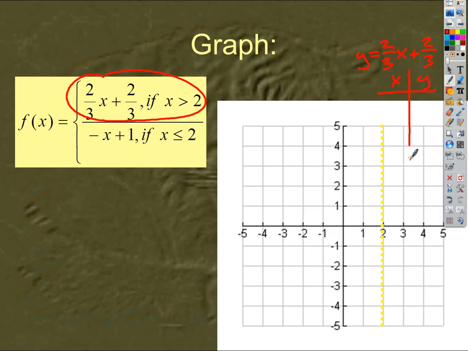What he saw was, if I pick an x value of 1, whoops, actually, is that going to work? No. 1's not going to be so convenient, because if I pick 1, I'm going to get 1 times 2/3 plus 2/3, which is 4/3. It's going to work, but wouldn't we rather, if possible, get a point with an integer x value and an integer y value?